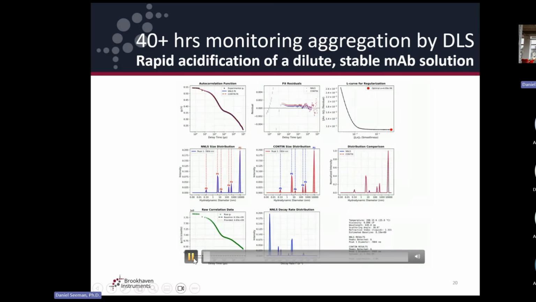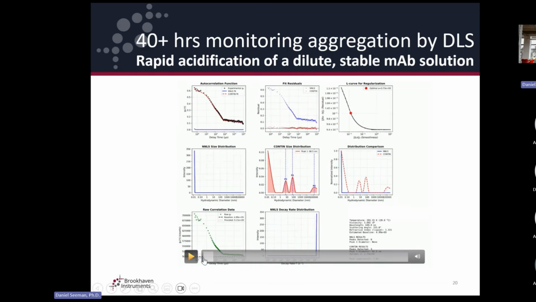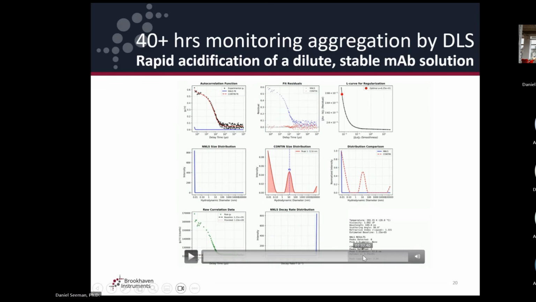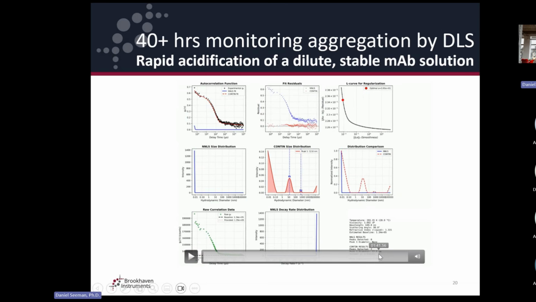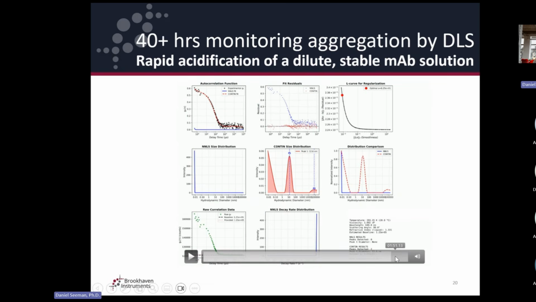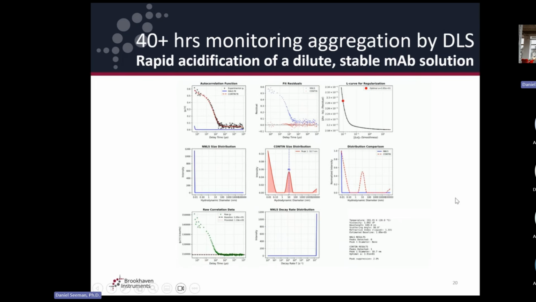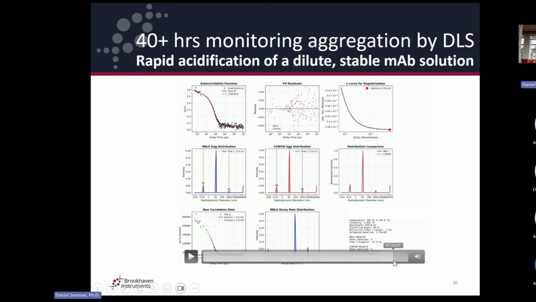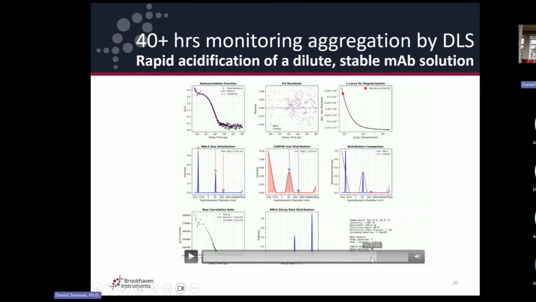One, at initial times, you see a lot of aggregate formation. And then the sample starts to become more uniform as you form larger species and they settle out. You can also see that NNLS and CONTIN frequently agree, but there can occasionally be small discrepancies just due to idiosyncrasies in the algorithms.